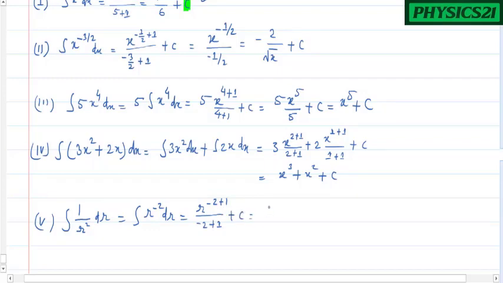It is r raised to the power minus 1 divided by minus 1 plus c. This is minus 1 by r plus c. Okay, so these are some problems based on the common rule.